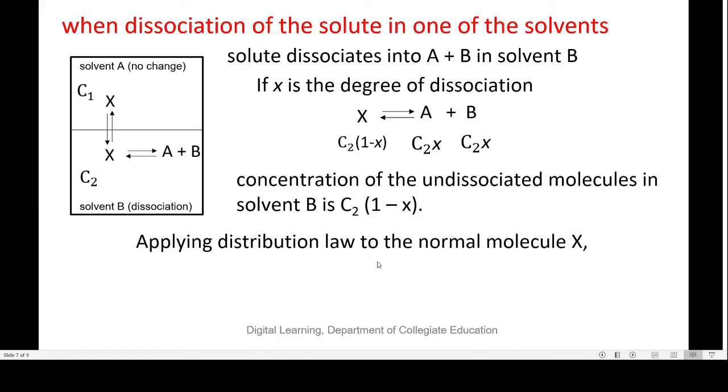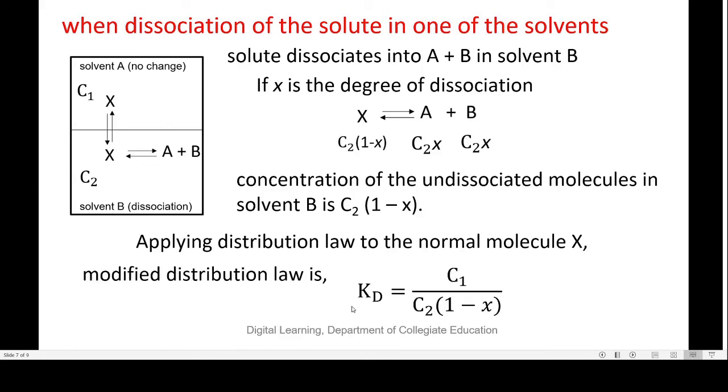Applying distribution law to the undissociated molecule X, the distribution coefficient equals C1 upon C2 into (1 minus x). So this is the modified form of the equation for distribution coefficient in case where the solute is undergoing dissociation in one of the solvents.